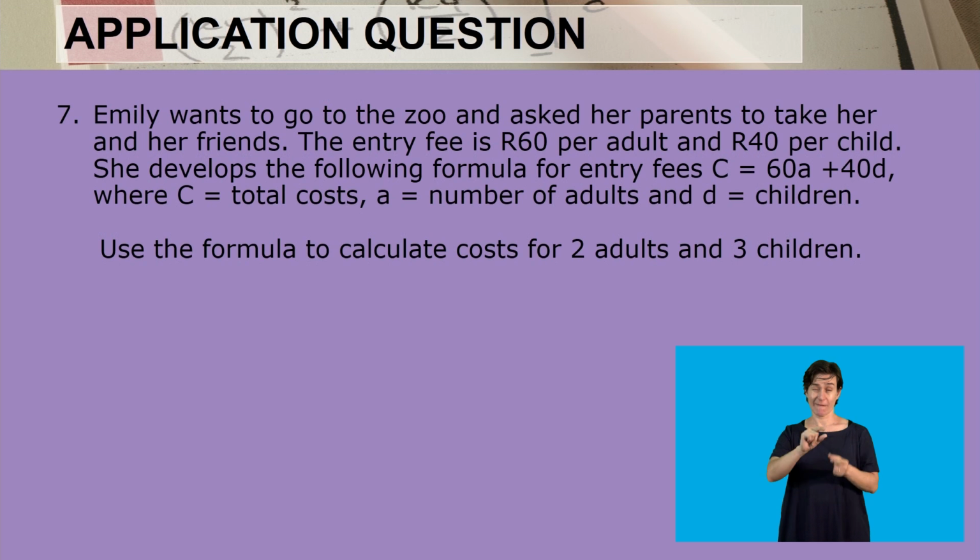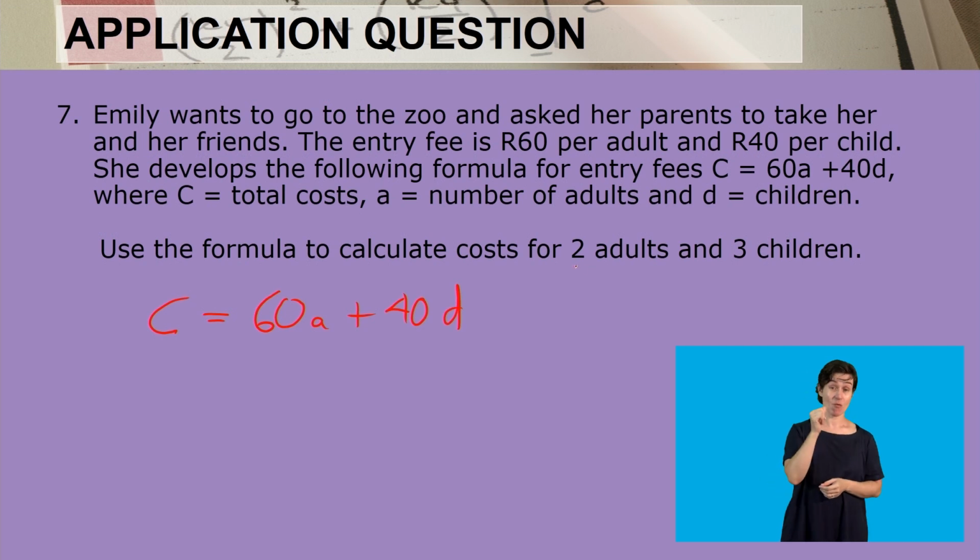Use the formula to calculate costs for 2 adults and 3 children. She has already developed the formula for us. The expression that she has is 60A plus 40D.